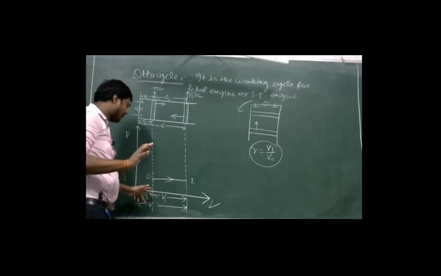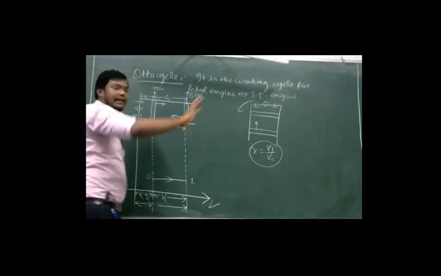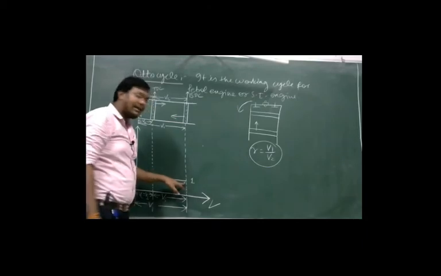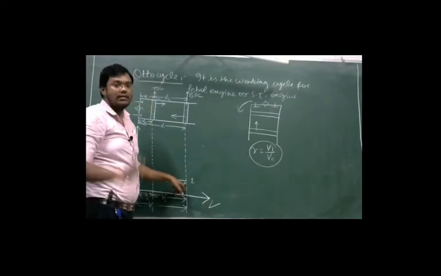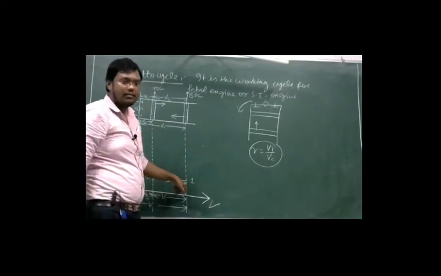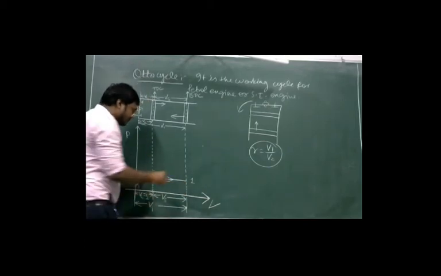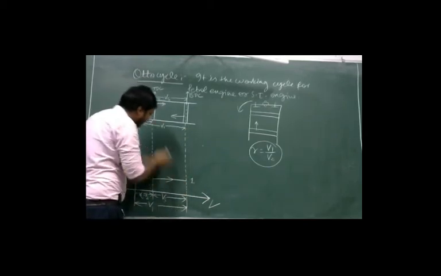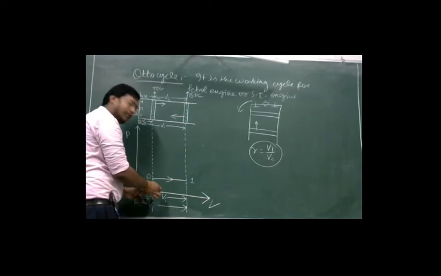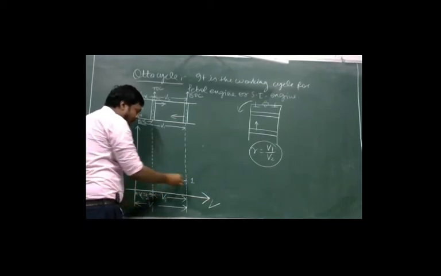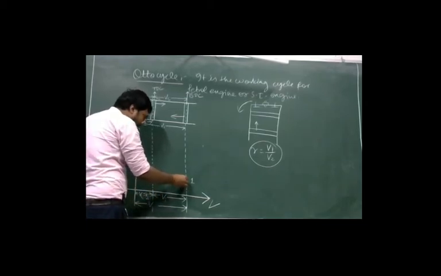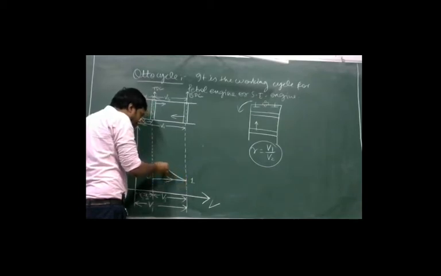You have studied in second year how to draw the adiabatic process. It is drawn by a curve, not by a line. So I am moving from BDC to TDC for the compression stroke, but through an adiabatic process, which is a curve. Compression is happening here.